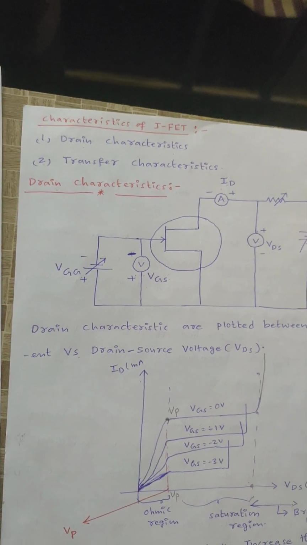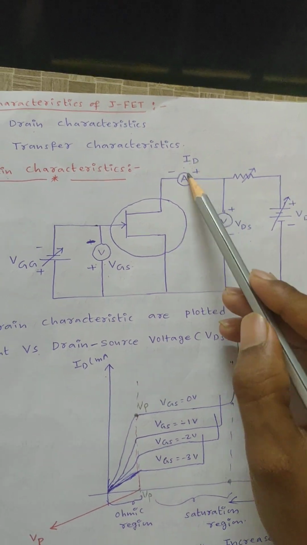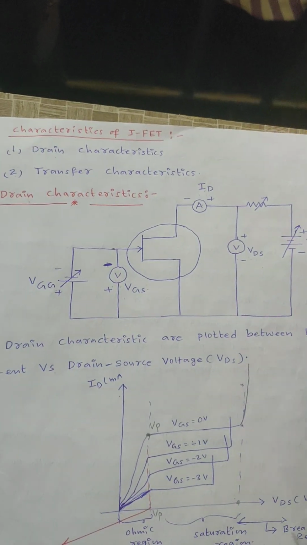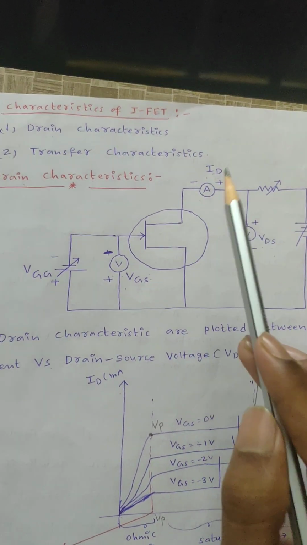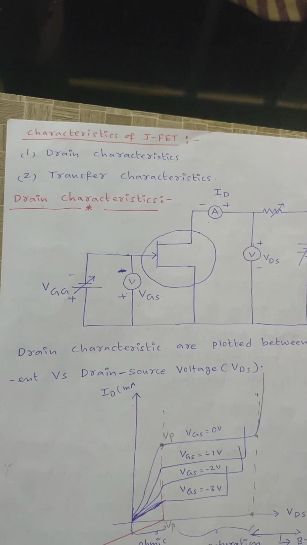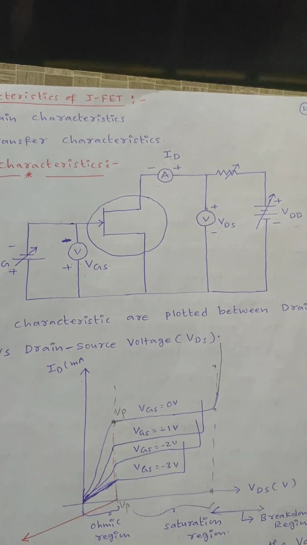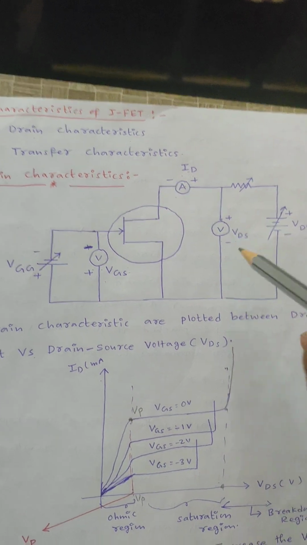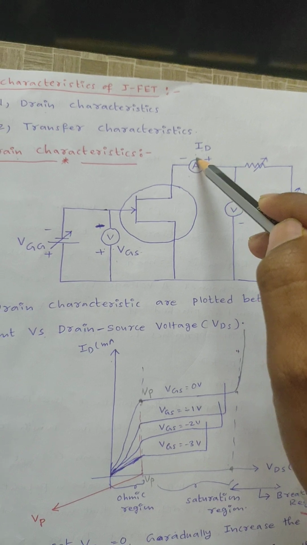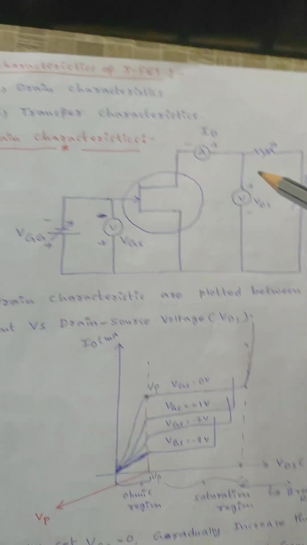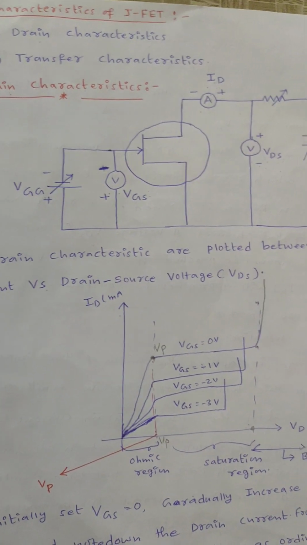Beyond the pinch off voltage, the current increases very slowly, almost constant, because of the presence of channel resistance and the voltage drop across it. That region is the saturation region. If we increase the VDS value above the breakdown voltage, the current rapidly increases, and hence breakdown occurs. That is about drain characteristics.